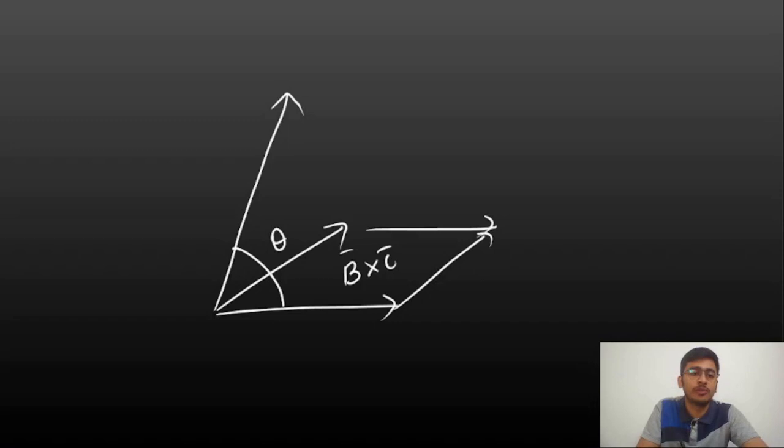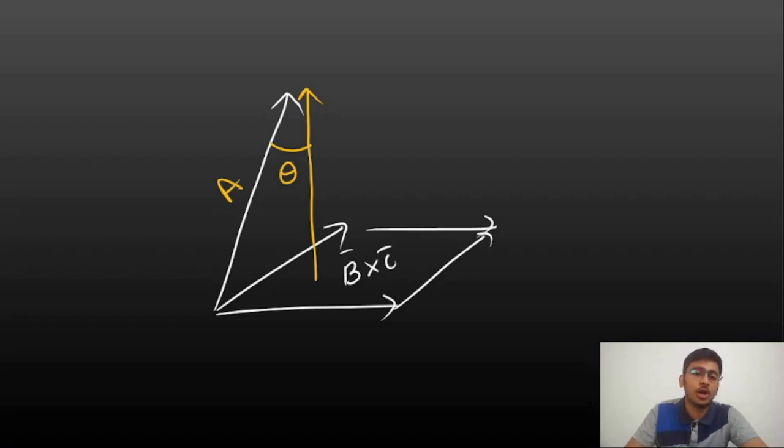We know the direction of B cross C is perpendicular to this plane. So this is the direction of B cross C. So when I'm taking the dot product, the angle will not be this one, but the angle between them will be this angle theta.